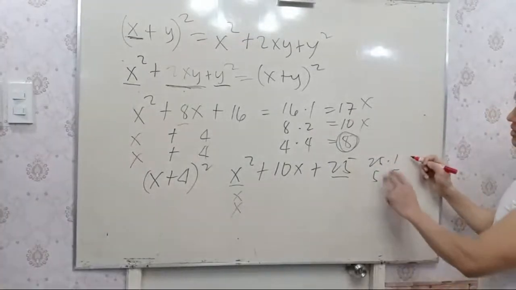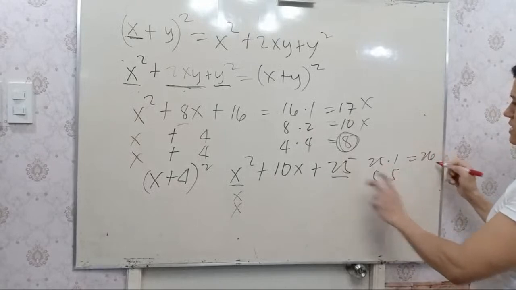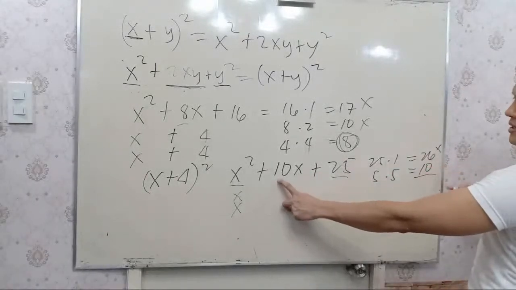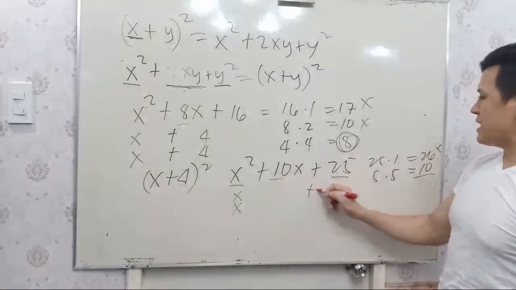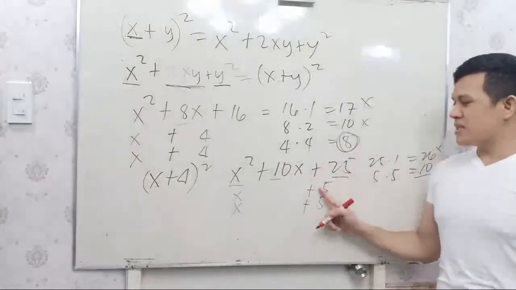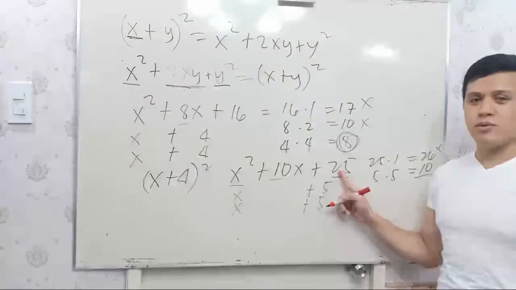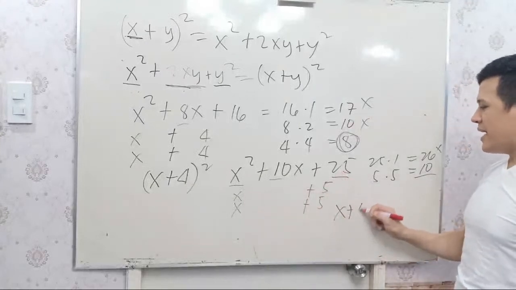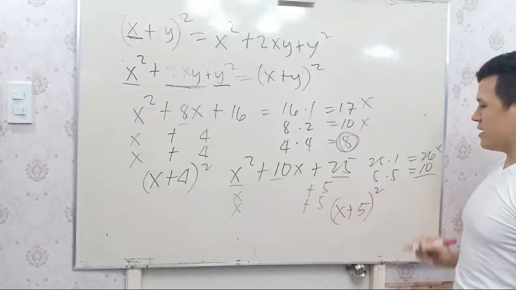Okay, so let's add 25 plus 1, that is 26, which is not the middle term, so this is wrong. 5 plus 5, this is 10, which is the middle term, so this is correct. And that is positive 5 and positive 5 kasi positive 25 siya. Positive 5 times positive 5, that's positive 25. Okay, so our factor is x plus 5, or we can just say x plus 5 squared. Okay, so ganun lang po siya.